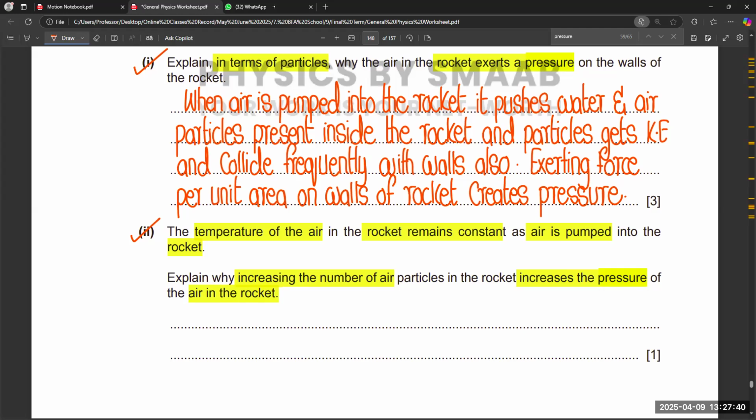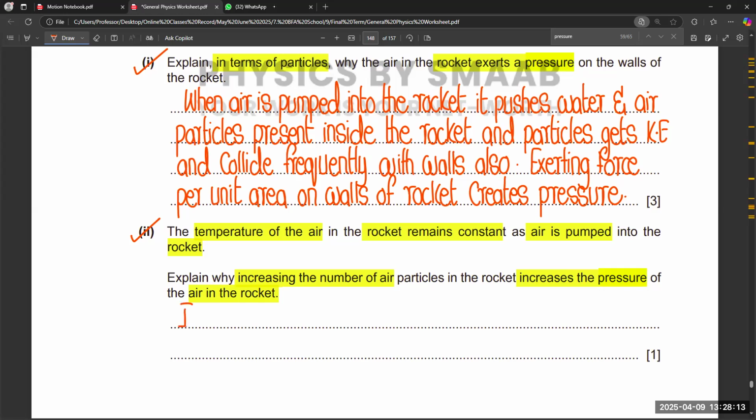So when we insert more particles into that limited volume, that will increase the pressure because we have the same volume, but more particles. More particles exert more pressure, so that will give you greater pressure inside the rocket.